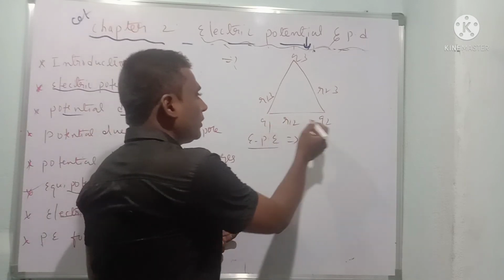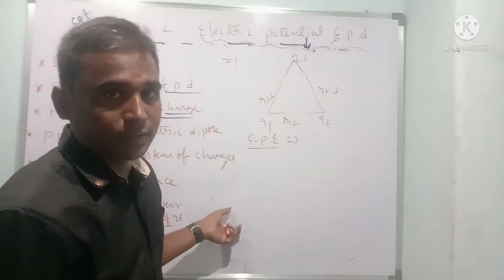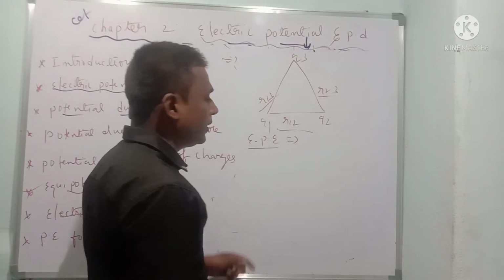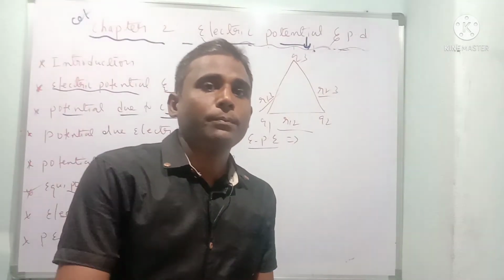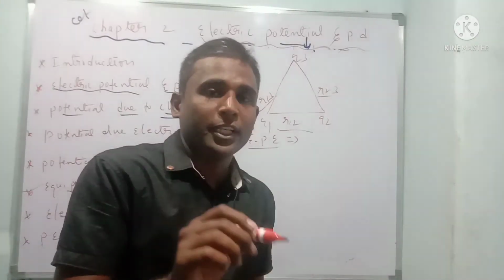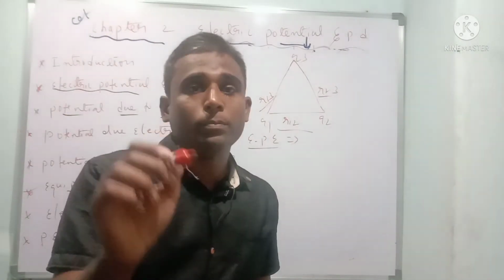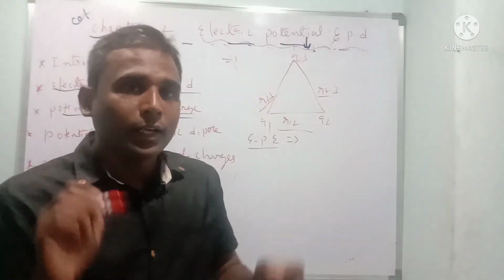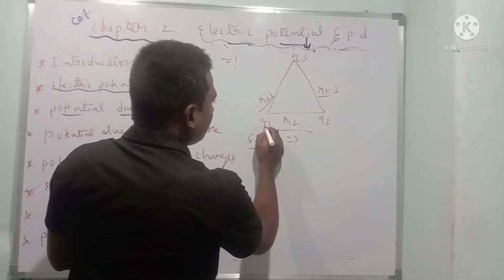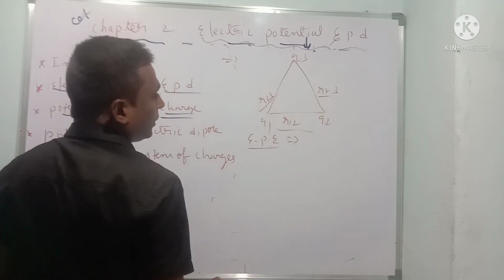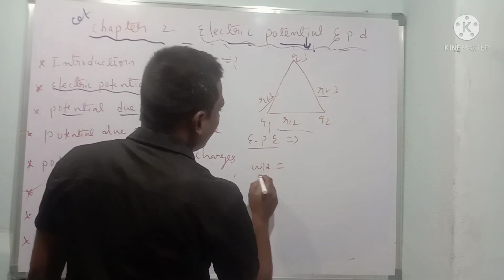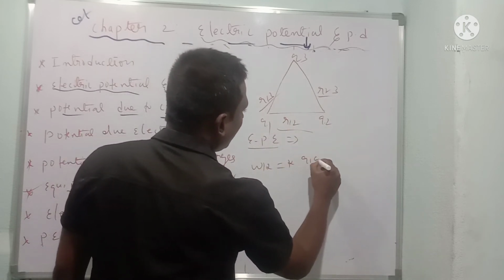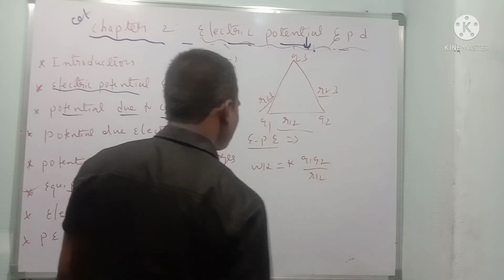Let us consider Q1, Q2, Q3 as the three charges, separated by distances R12, R13 and R23. Just now we got the expression: electric potential energy is equal to 1 by 4 pi epsilon naught Q1 Q2 divided by R, that is K Q1 Q2 divided by R. For the pair 1 and 2, W12 is K Q1 Q2 divided by R12.